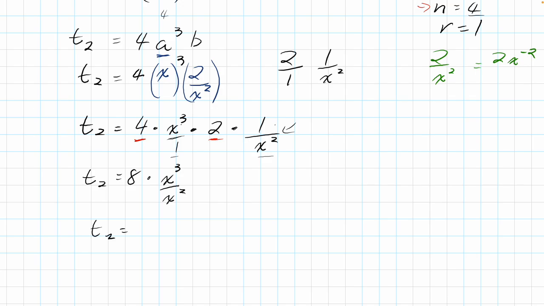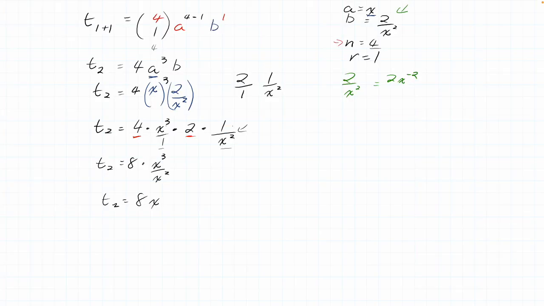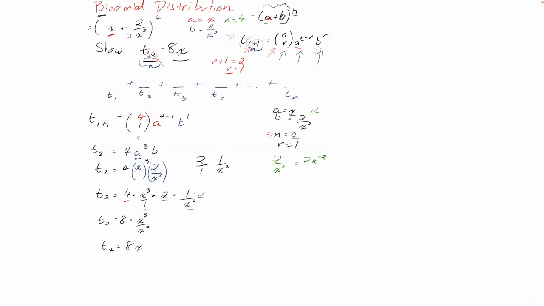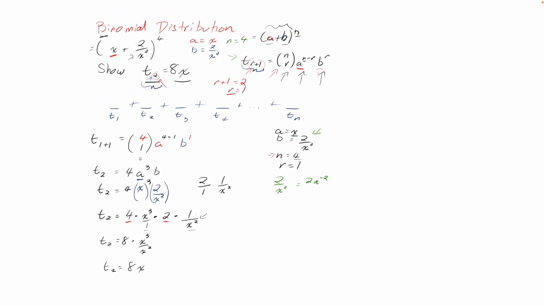If we remember our exponent laws, we end up with the 8x that they had said to us. So we did quite a bit there. As you get more familiar, you probably don't have to break the steps into every single step, but it's good to have a general overview anytime you go back to look at it, like, oh yeah, that's what I might do in this step here.